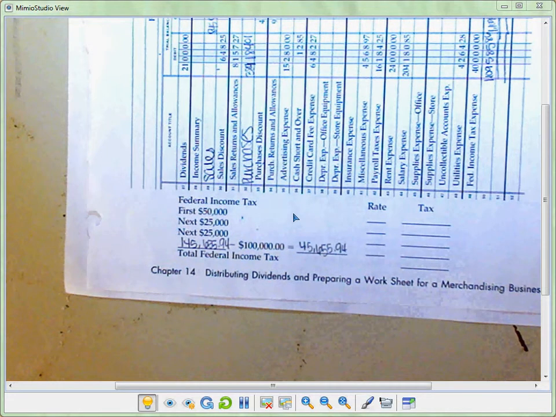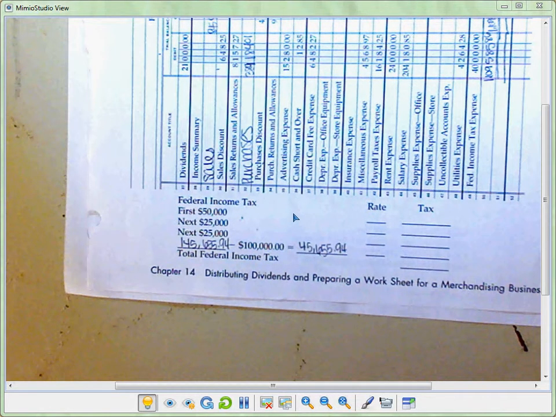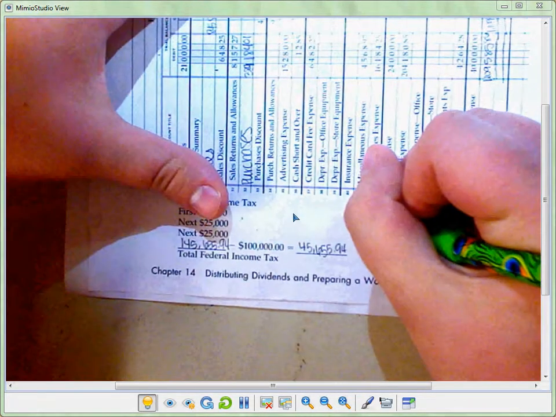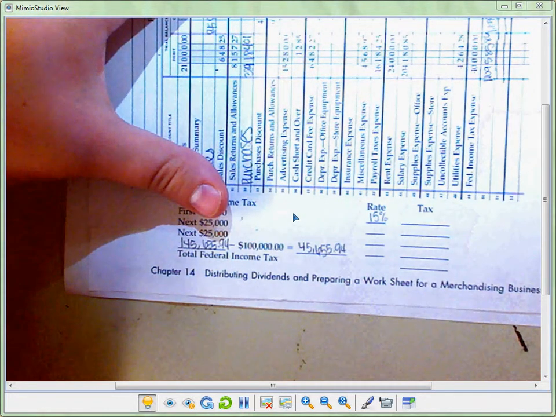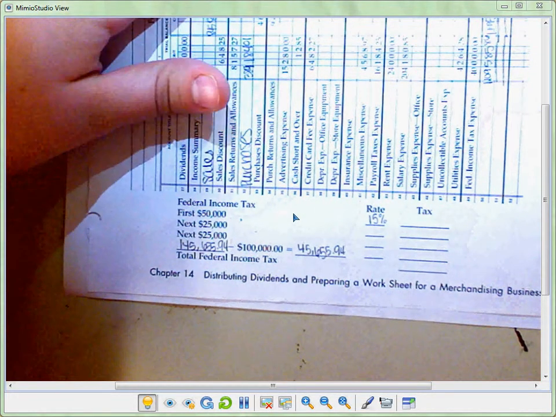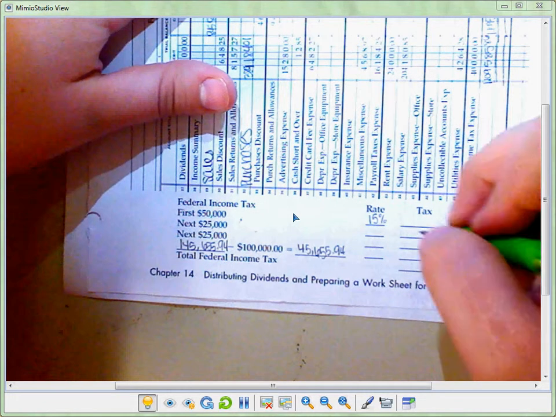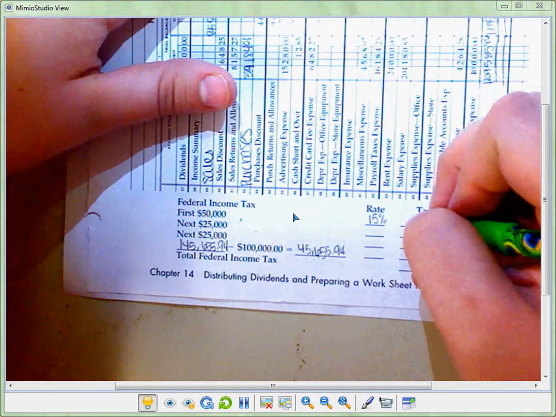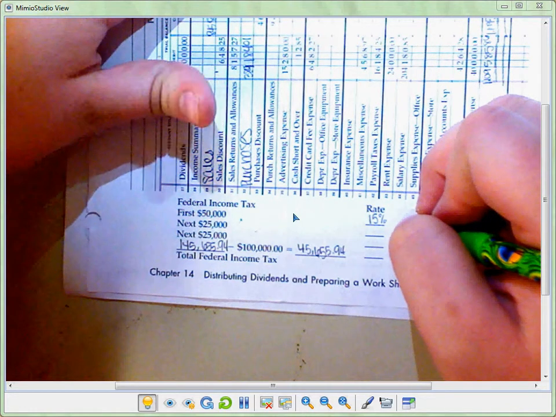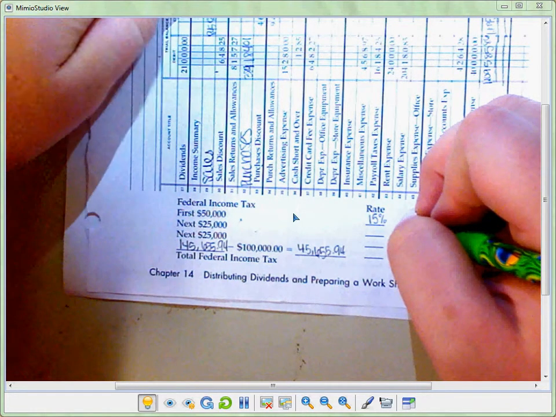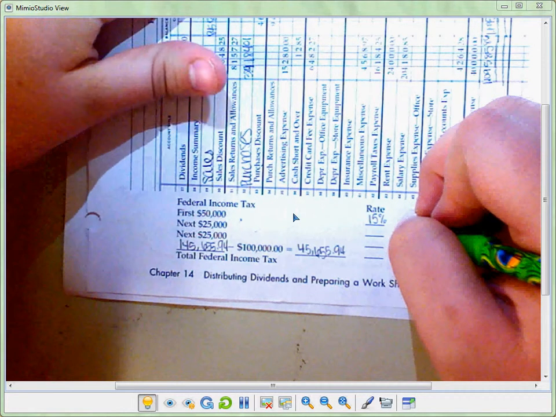Okay, so from the pink chart, what is our rate for the first $50,000? Okay, so let's write 15% on the rate, and then you'll take that times 50,000. 50,000 times 15% is 7,500.